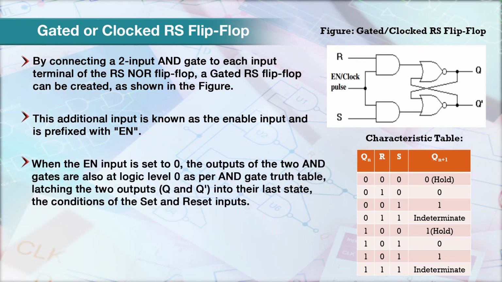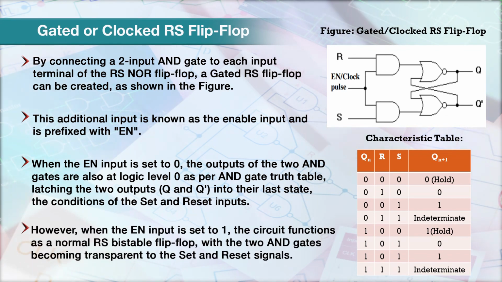This additional input is known as the enable input and is represented by capital EN. When the EN input is set to 0, the outputs of the 2 AND gates are also at logic level 0. As per the AND gate truth table, this latches the 2 outputs, that is Q and Q dash, into their last state, regardless of the condition of the set and reset inputs.